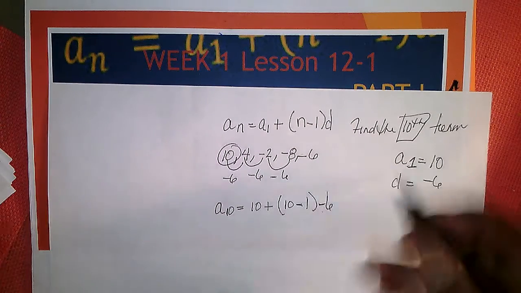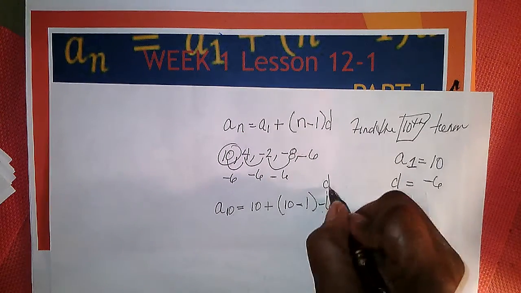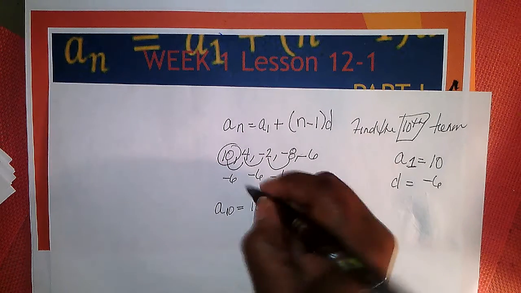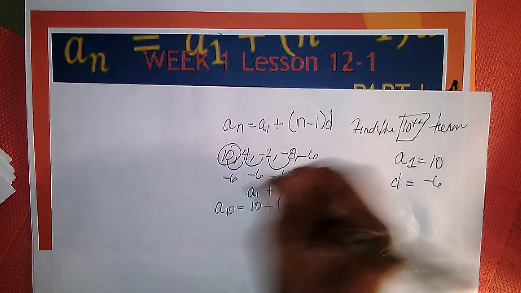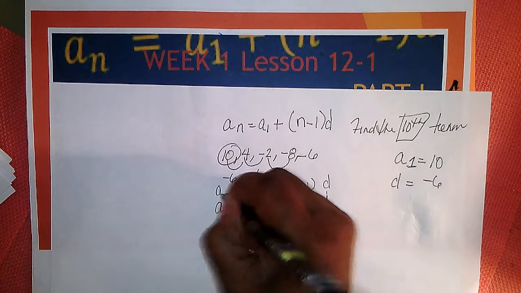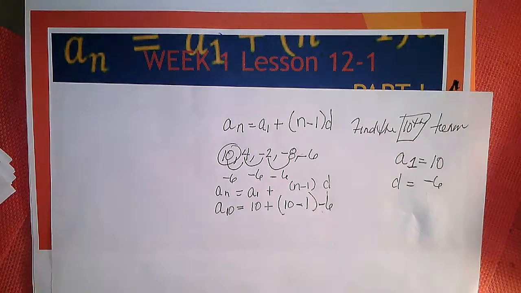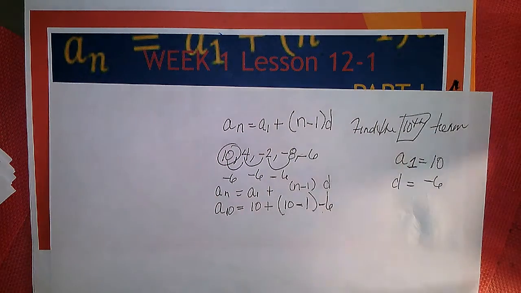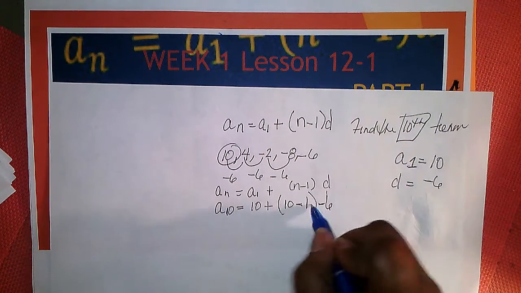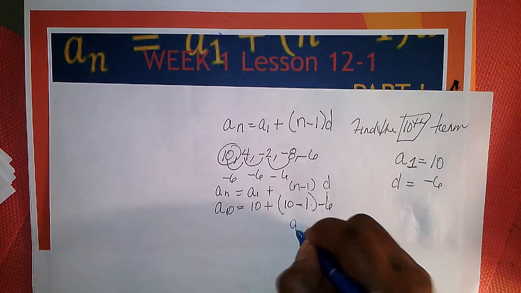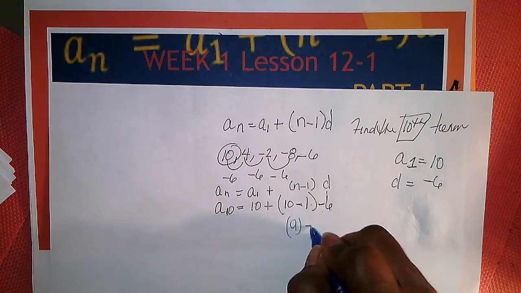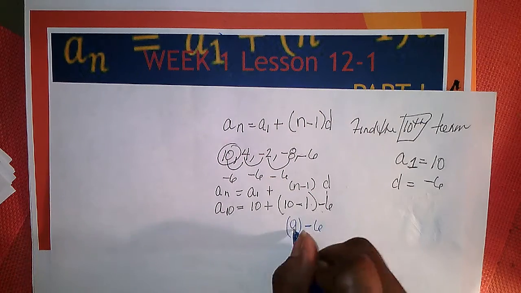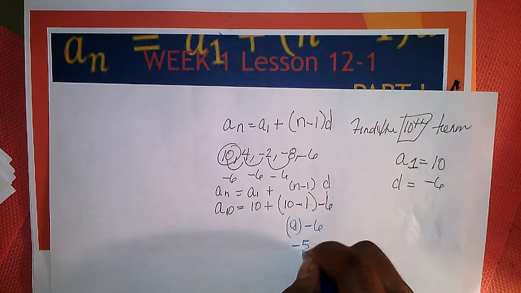All right, so I plugged in all my numbers. Here's my d. Here's my n minus 1 plus sign. Here's my a_1. And then my a_10, because we were talking about the number 10. So 10 minus 1 is 9. Then we have -6, so -6 times 9 is -54.